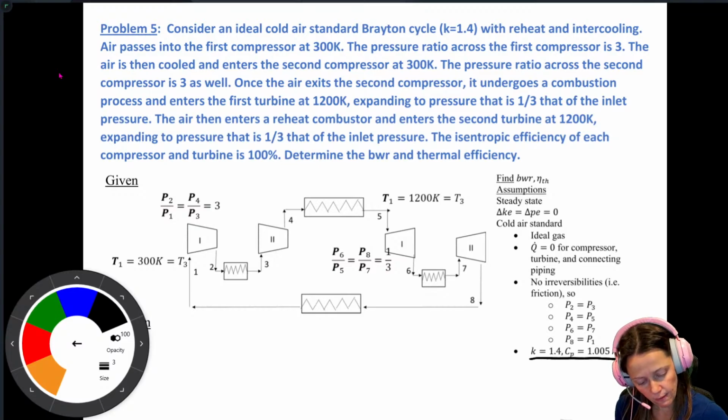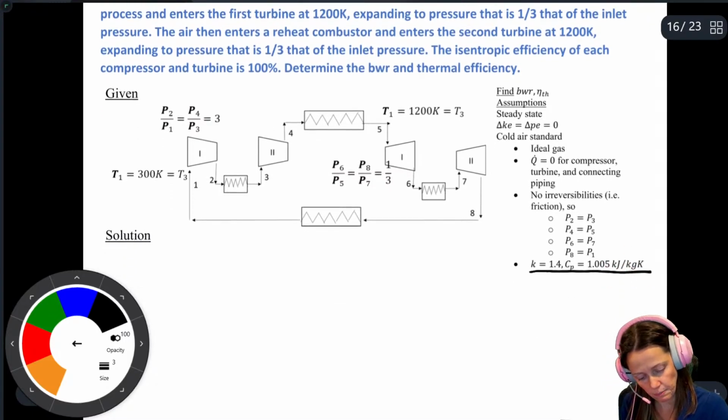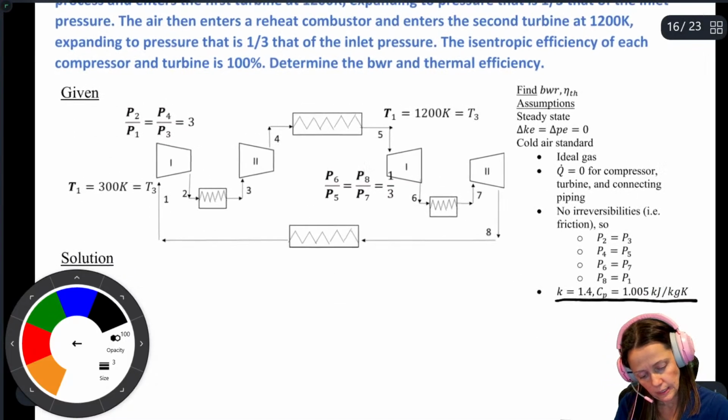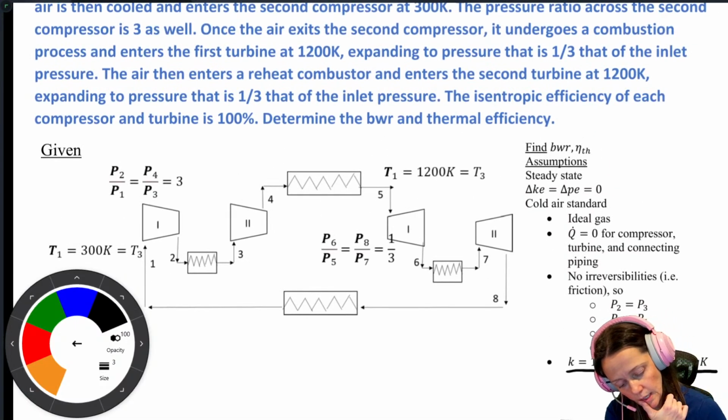I think I've got everything that I could possibly want. The only thing I see is one little typo over here. This should be T5. This should be T7. It's clearly a copy paste error.